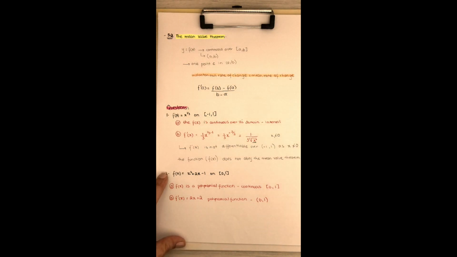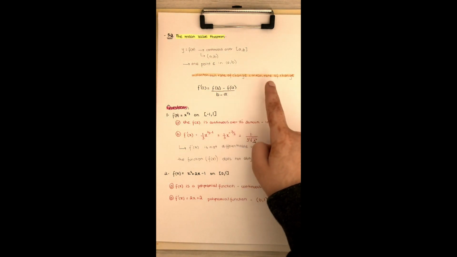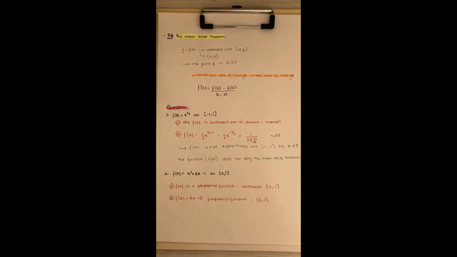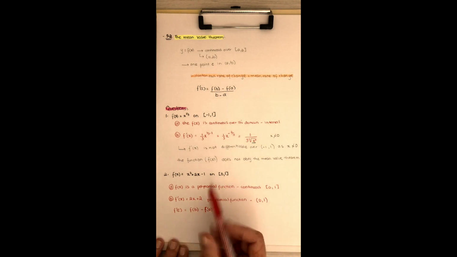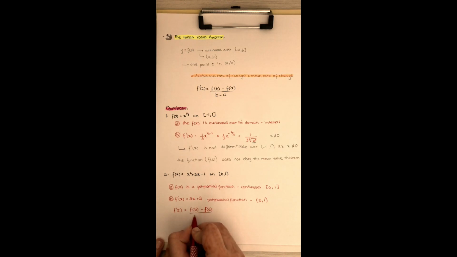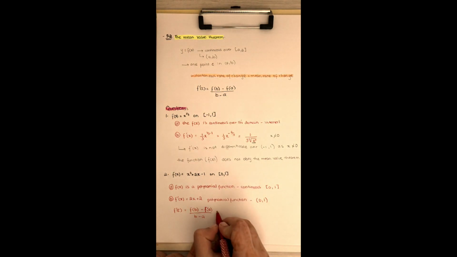Because the function f of x obeys both conditions, we are going to find the mean rate of change. To find the value of c, we need f prime of c, which is equal to f of b minus f of a, divided by b minus a. So we can put the interval here: f of 1 minus f of 0, divided by 1 minus 0.